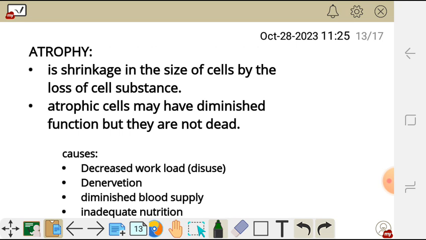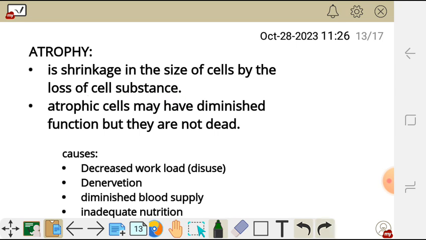Under atrophy, the cell will try to shrink. This is simply shrinkage in the size of cells by the loss of cell substance.